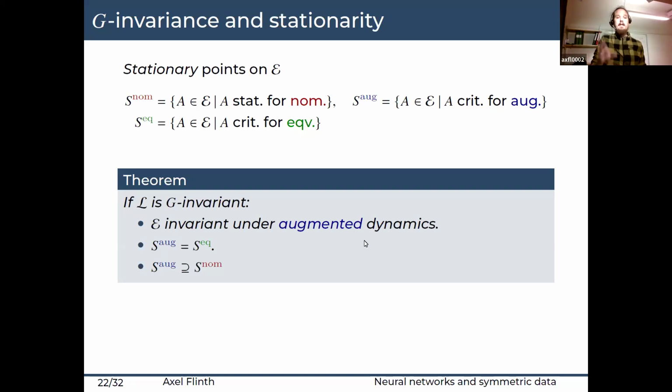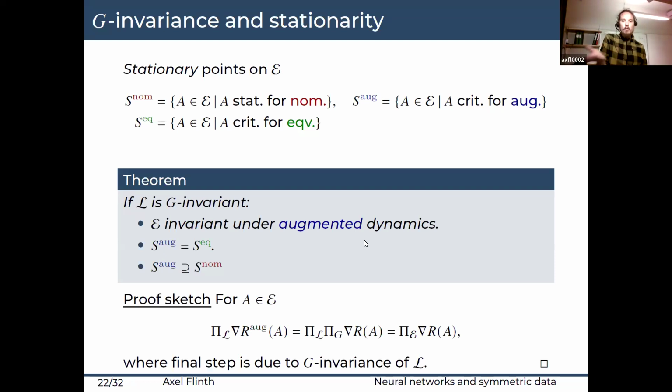And what I can also say is when augmenting, I will make points equivariant on E, but I will only make those equivariant that are missed by my nominal architecture. So if something is already stationary for the nominal architecture, it will not turn non-stationary for my augmented network.